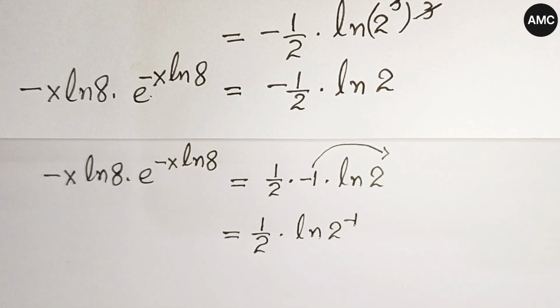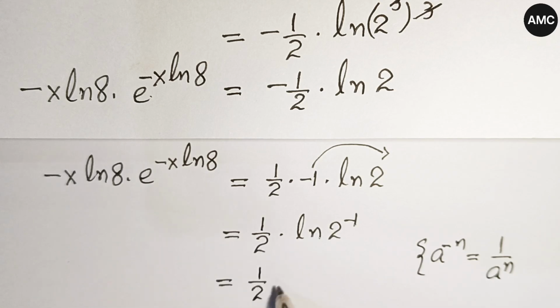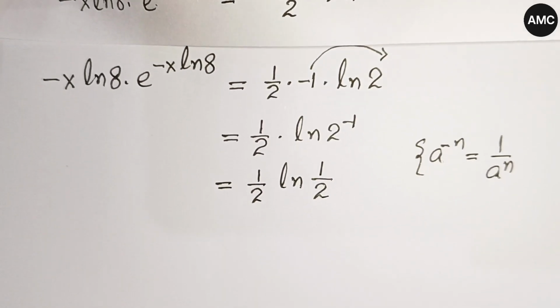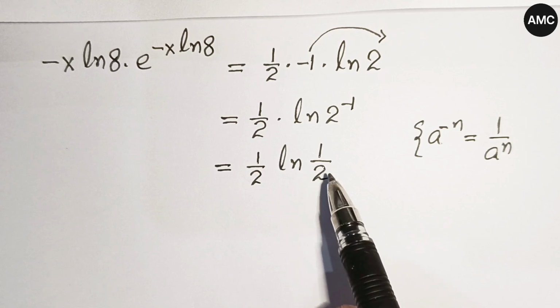As we know, if we have a to the power minus n, it is equal to 1 over a to the power n. So 2 to the power minus 1 will be 1 over 2, and we have natural log of 1 over 2.